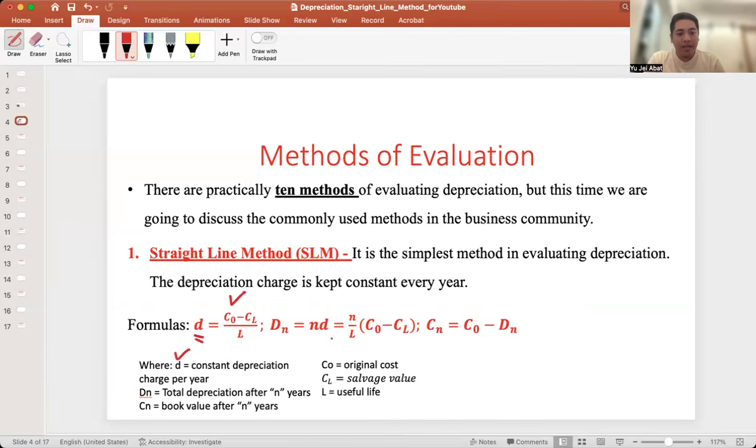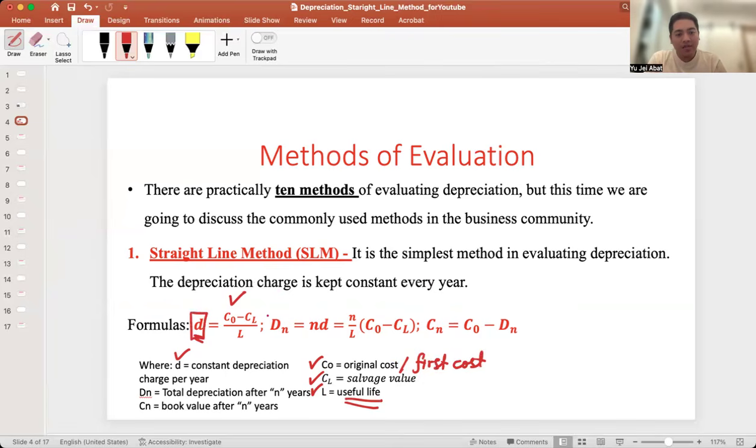And C sub O means the original cost, or sometimes it is called the first cost in other books. And we have C sub L, we call the salvage value. So the original cost or the first cost minus the salvage value all over capital L, which is the useful life. Okay? And by that, we can compute the constant depreciation every year.